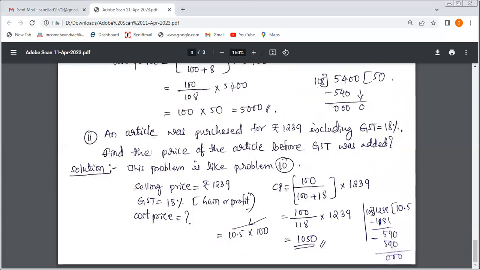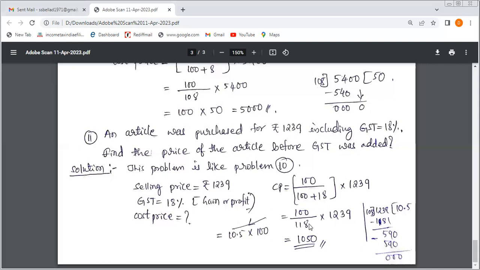So this problem is like problem 10. Selling price is 1,239. GST is 8%, which you treat as a gain. Cost price we have to calculate. So cost price is equal to 100 divided by 100 plus 18 into the selling price, 1,239.